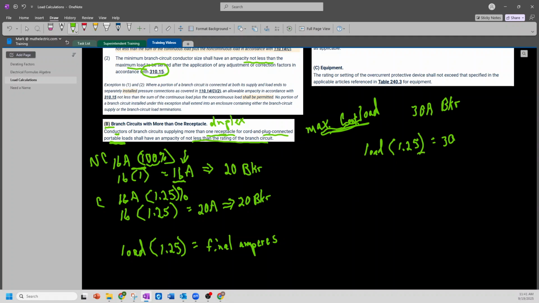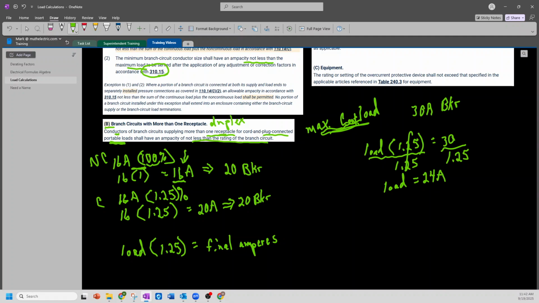So we just simply do our basic algebra, divide both sides by 1.25, and for our load, we take 30, divide that by 1.25, and we get 24 amps.